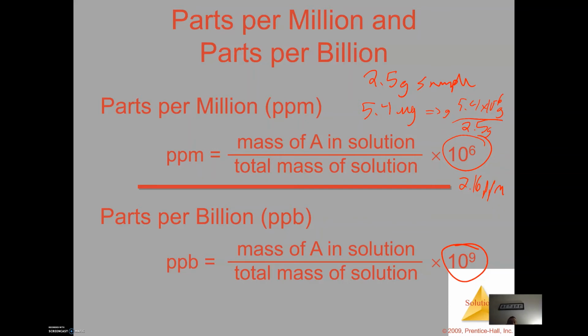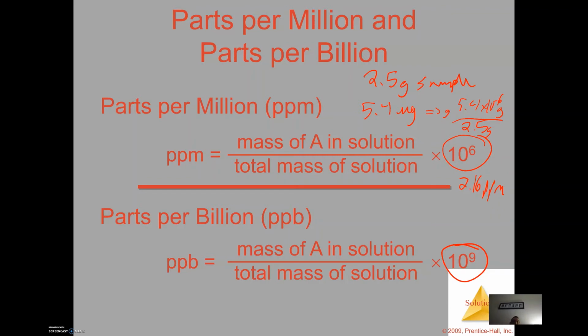Now, if we were to convert that into parts per billion, the difference is 10 to the 9th. That's the difference of 1,000. So once we know the parts per million, just take that number, multiply by 1,000, and then you have your parts per billion. In this example, that means 2,160 parts per billion.